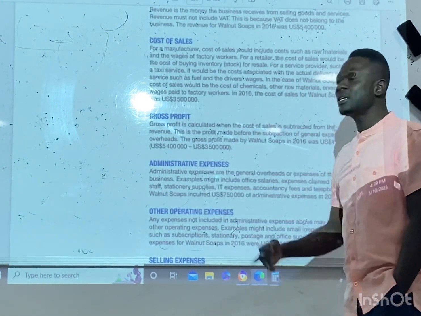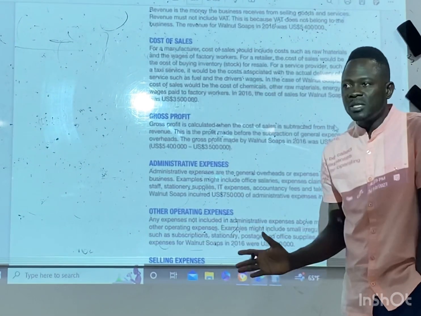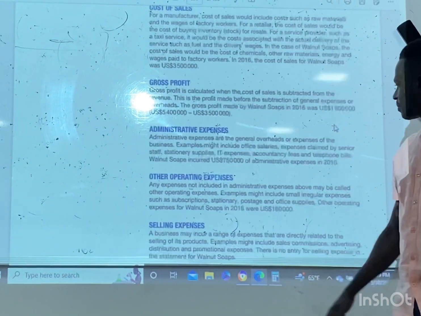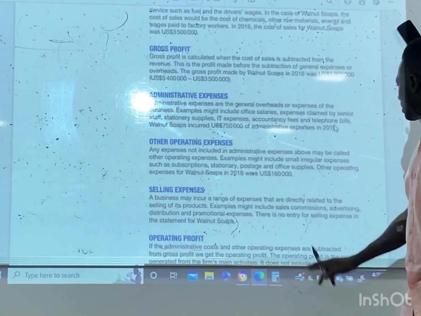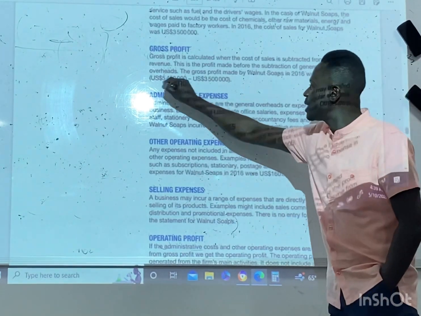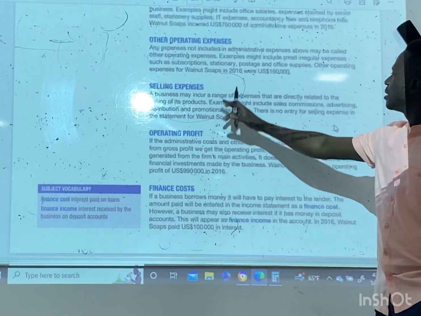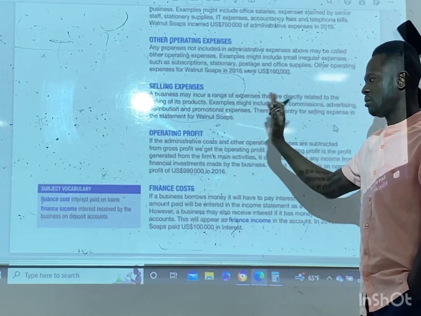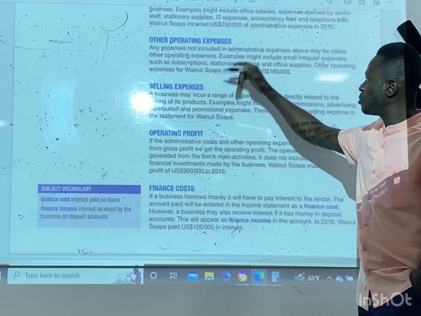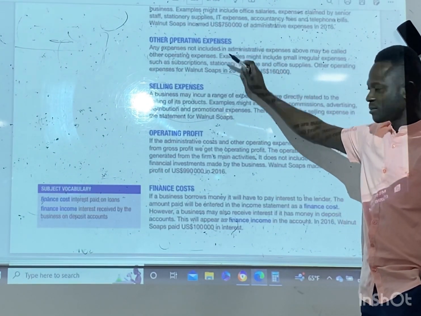Administrative expenses, cost incurred by the admin of the business, the office. Operating expenses, any expenses not included in administrative. Selling expenses, it's okay. Operating profit, we said already, your gross profit minus your operating expenses.